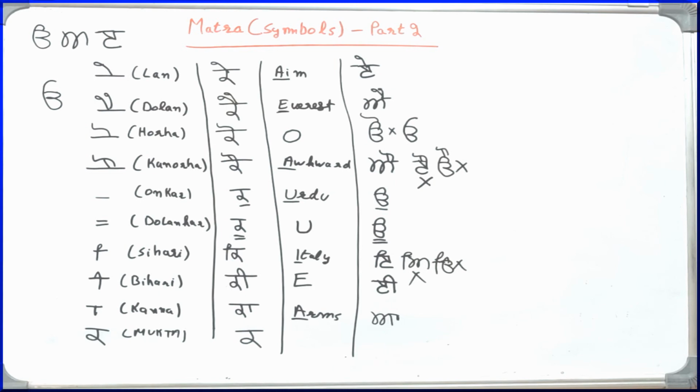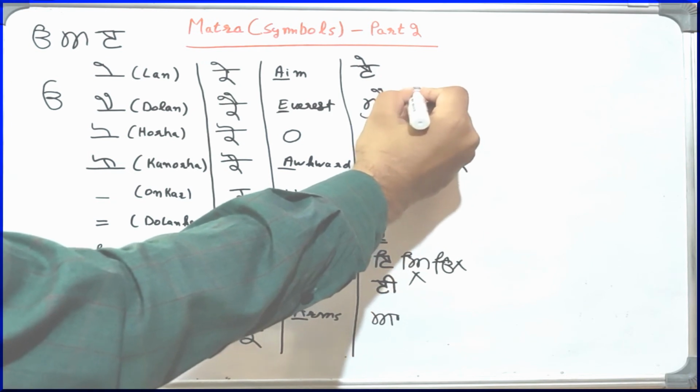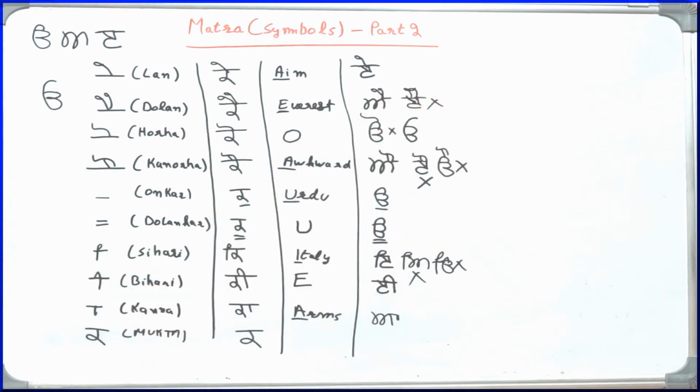It is very important, and even if you go to Punjab, you will see some of the people will be using the matras wrongly. For example, if they want to have a sound, instead of using this, they will be using this. This is wrong.